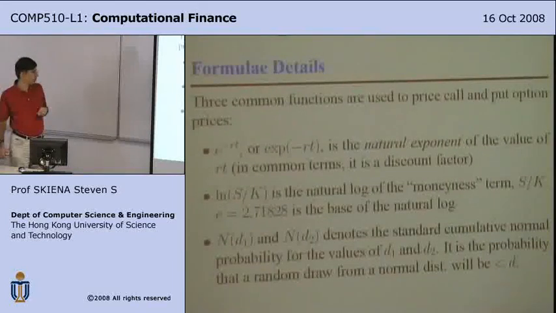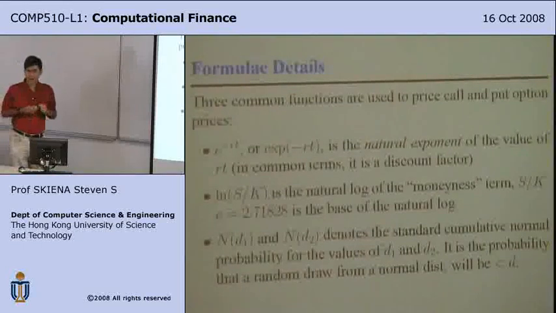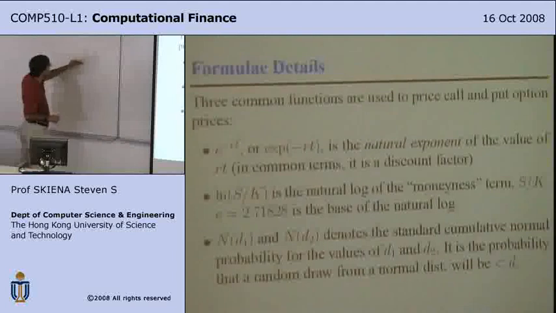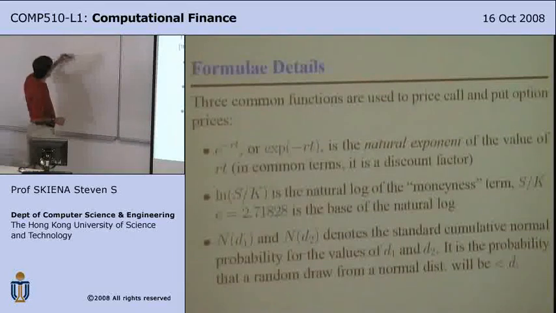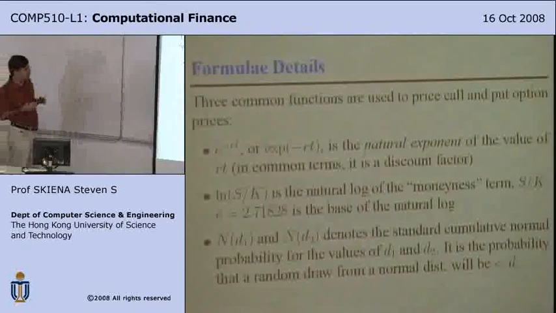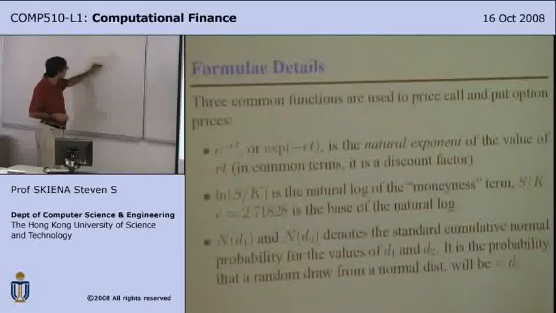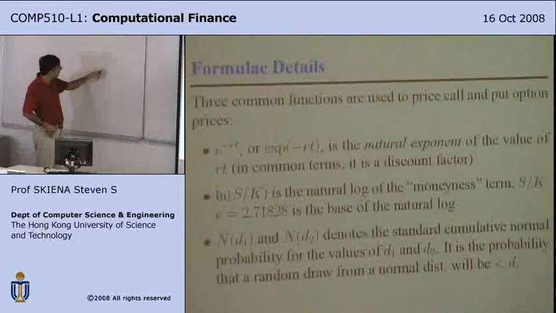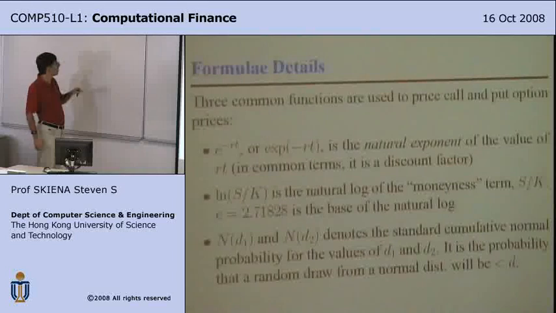N1 and N2 are numerical functions, okay? And it's a standard numerical function. If we take a look at the normal distribution, again, here is a normal distribution. The normal distribution is centered around 0.